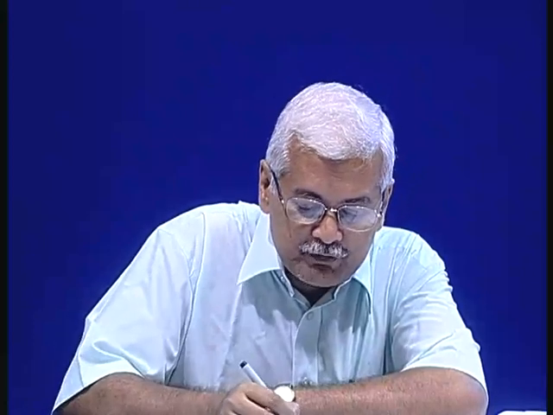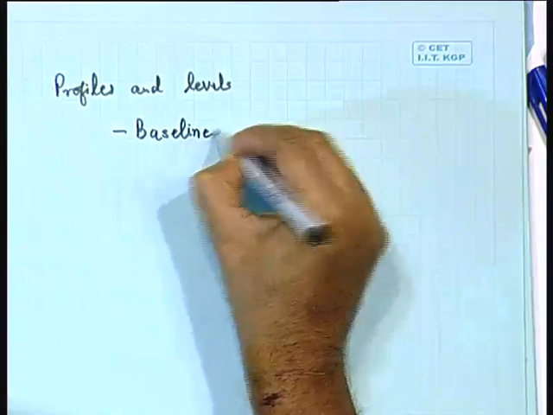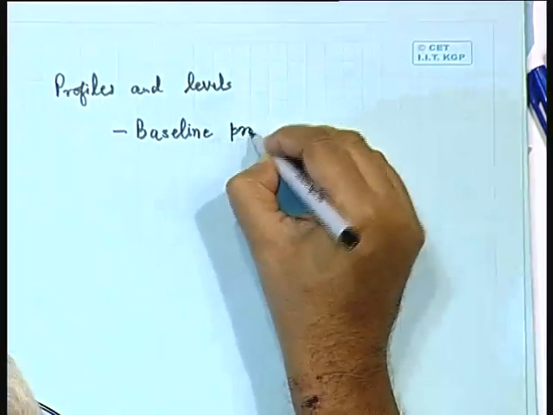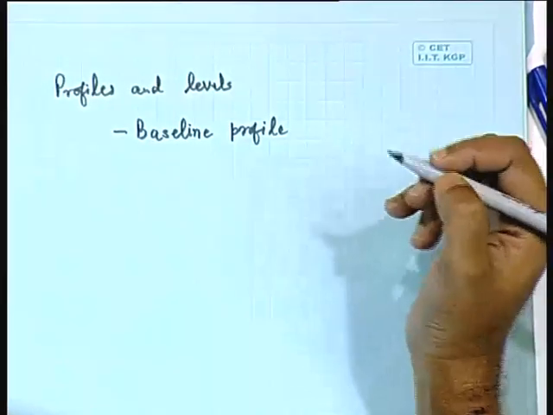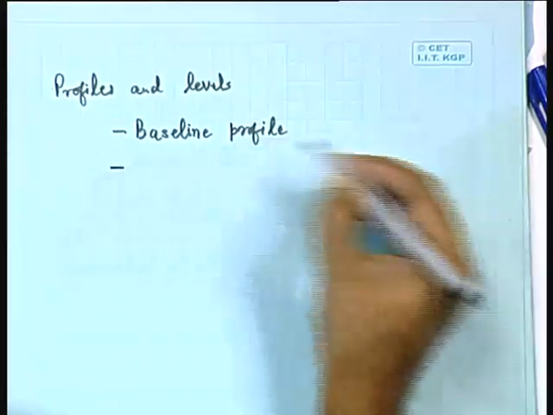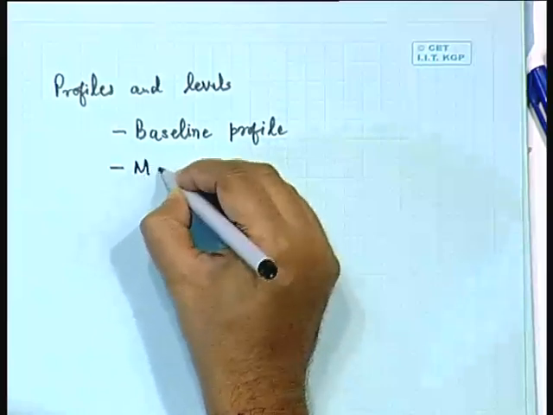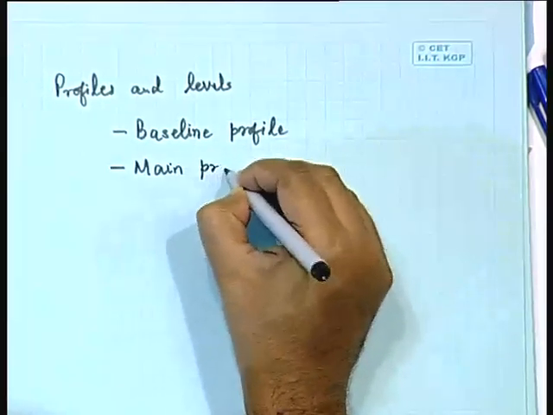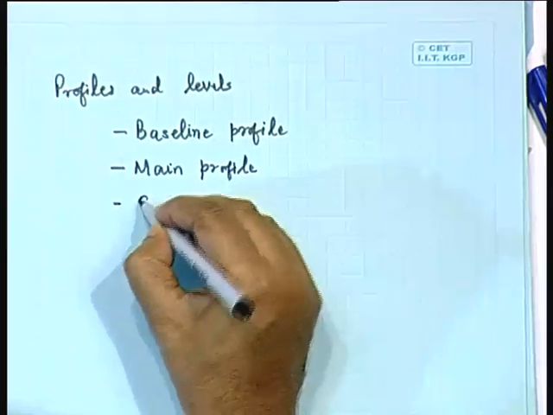In fact, H.264 supports 3 profiles. The fundamental one is what is referred to as the baseline profile, the simplest version of H.264. Further to that, a little more involved and advanced is the main profile, and even more advanced is the extended profile.